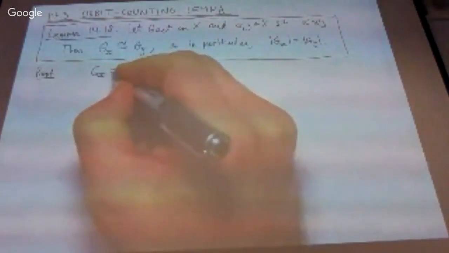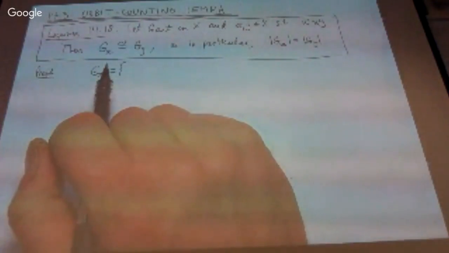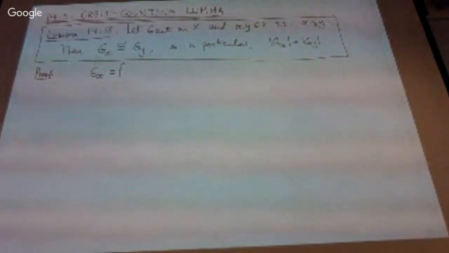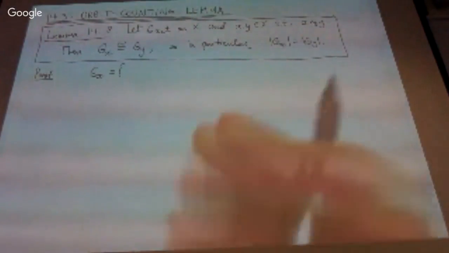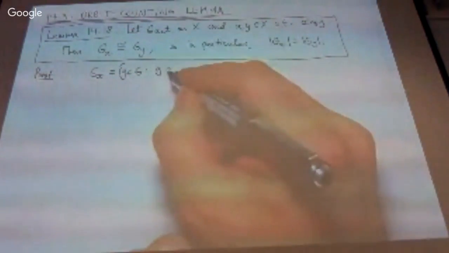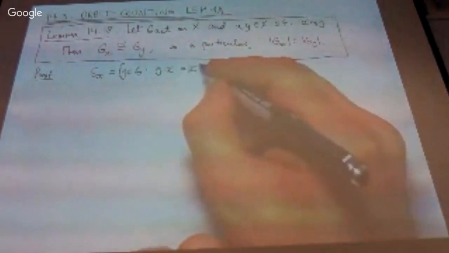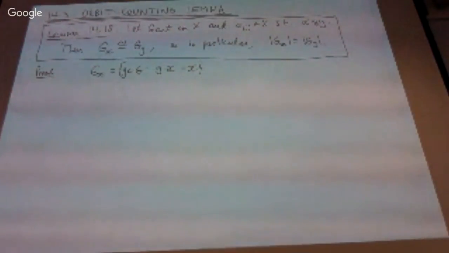So what is G_X? Okay, so the stabilizer of X is all the elements of G that, now I'll write the action with a dot, don't move X. And same for Y. Now, what does it mean that X and Y are in the same orbit?